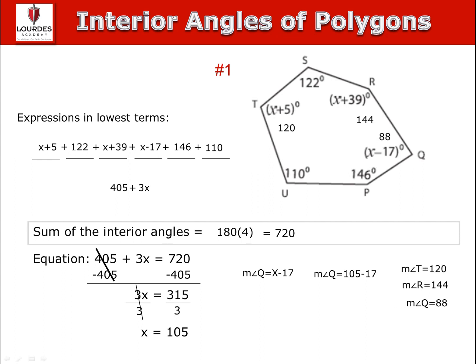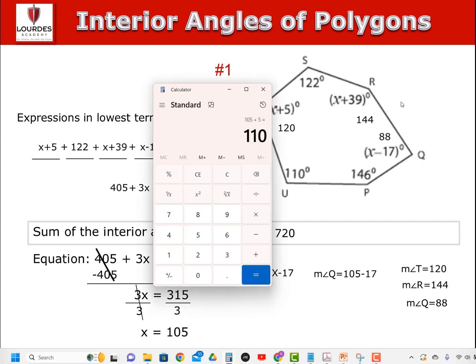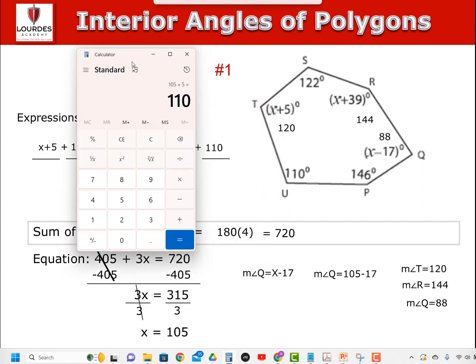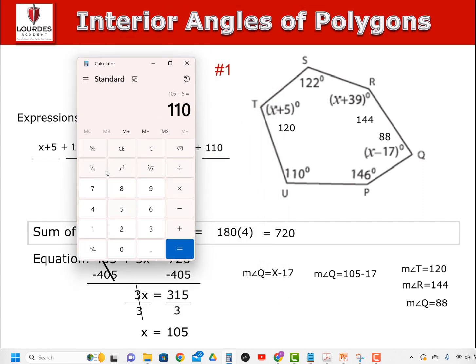So now the final step is to take my values and add them together again to make sure that they have a sum of 720. That'll help me know if I made a mistake anywhere. So I can bring up my calculator, and I'm going to add 120 plus 122 plus 144 plus 88 plus 146 plus 110.